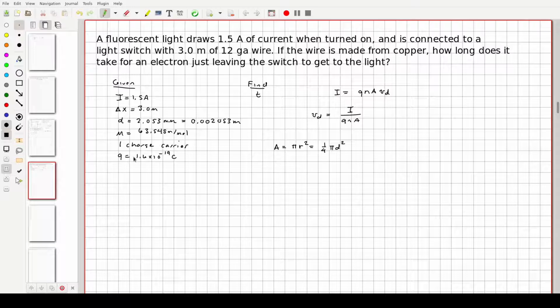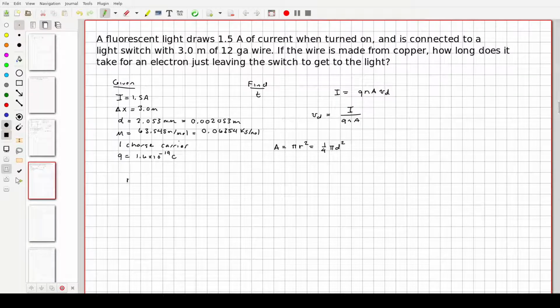Now, the number of charge carriers is a little more complicated. So we have right here our molar mass. It's 63.54 grams per mole. If I were to rewrite this in terms of kilograms, that would be 0.06354 kilograms per mole.